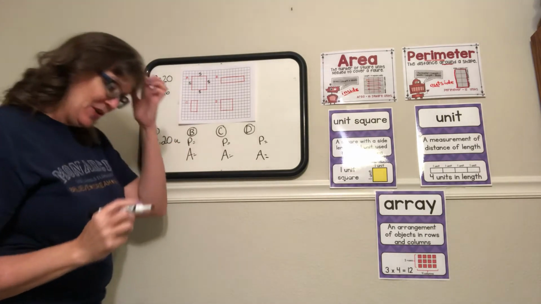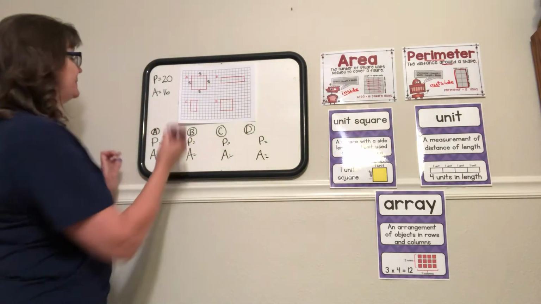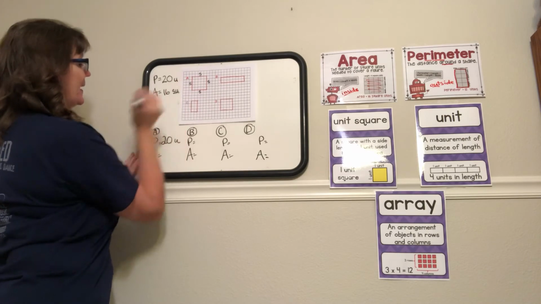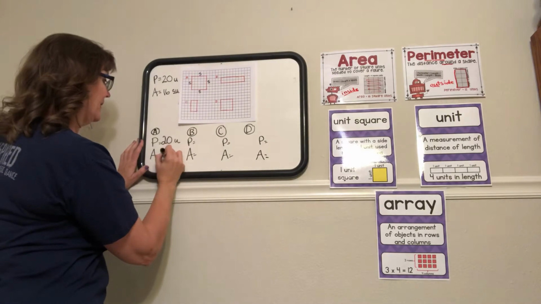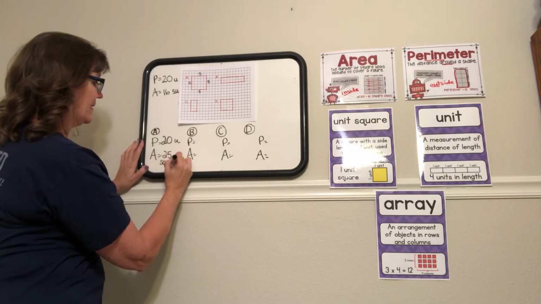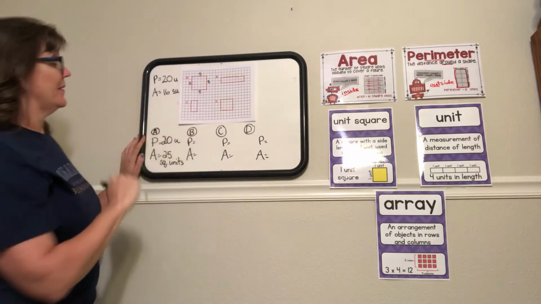And this was not labeled. It just said units and square units. I better put that here. Okay. Now the area I multiply. 5 times 5 is 25 square units. Okay, so that's the square for A.